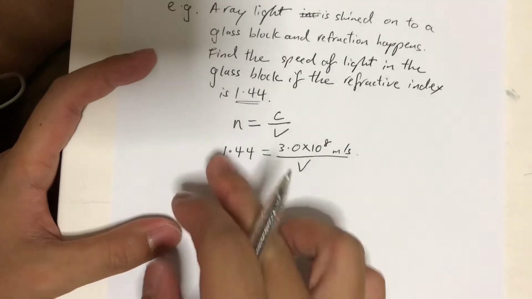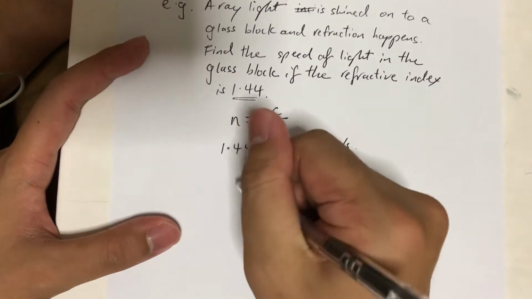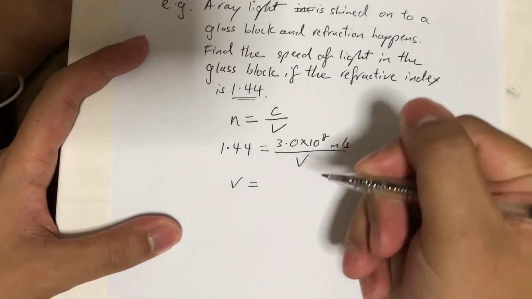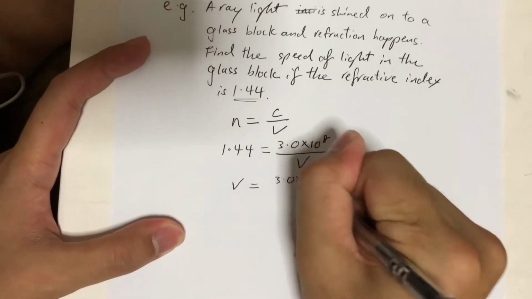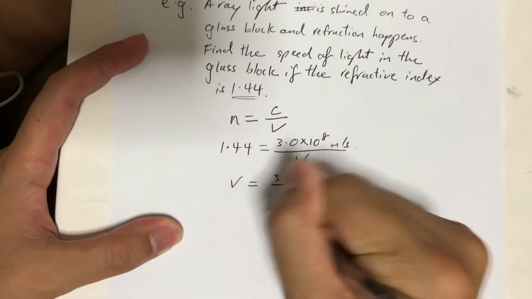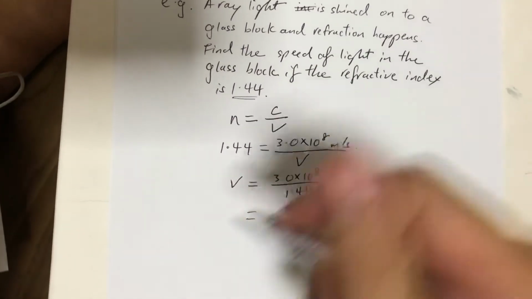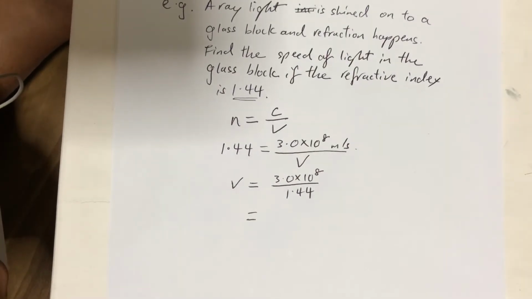So knowing 2 out of the 3 components, we can actually calculate the speed of light in the medium itself, which should be 3.0 times 10 to the power 8 divided by 1.44. Give me a second here.